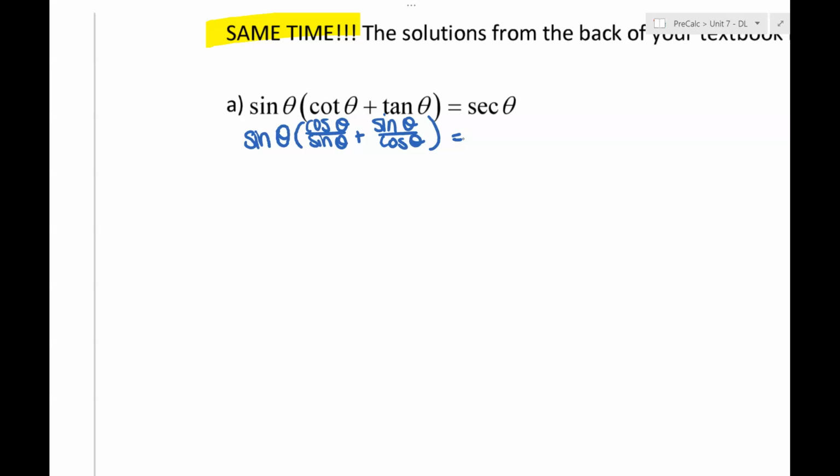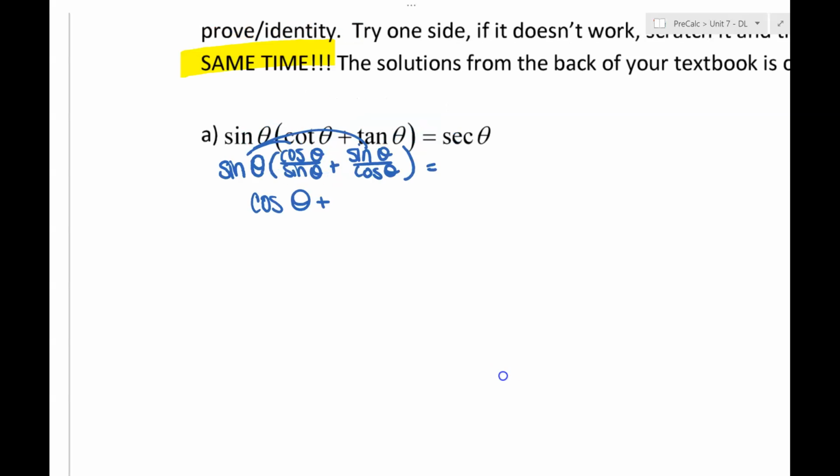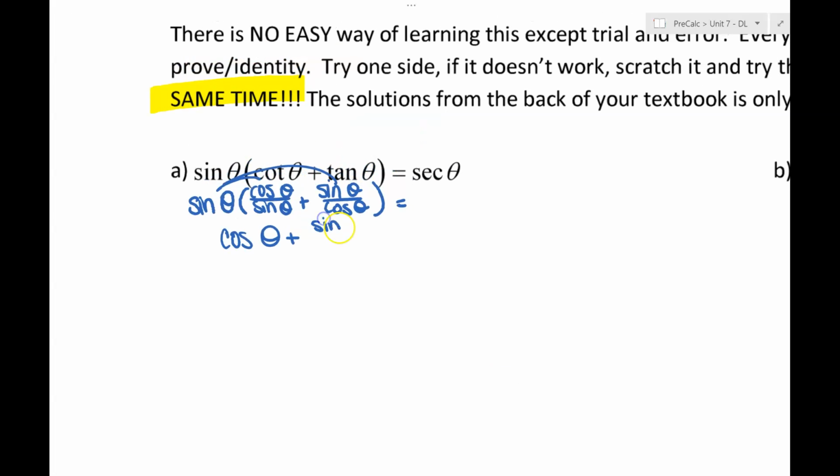Okay, so then I'm going to distribute the sine inside, and that leaves me with cosine of theta plus sine squared theta over cosine theta. Okay, I'm going to get common denominators, so I get cosine squared theta over cosine theta plus sine squared theta over cosine theta.